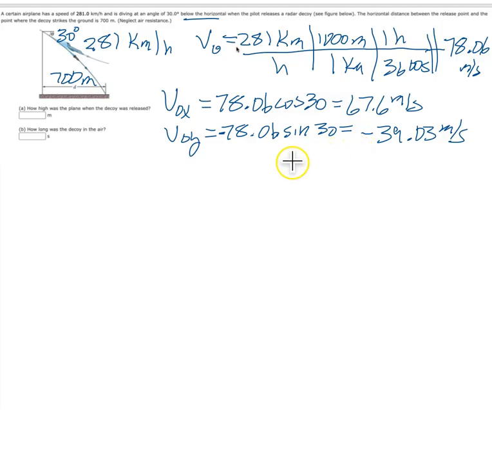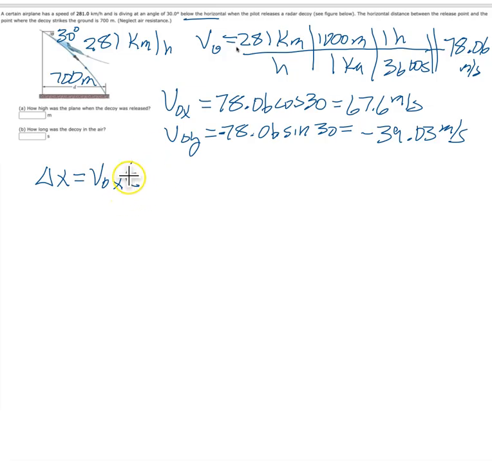Now that we've done that, let's find how long that decoy is in the air. We know delta x is equal to the original speed in the x times the time that it travels.